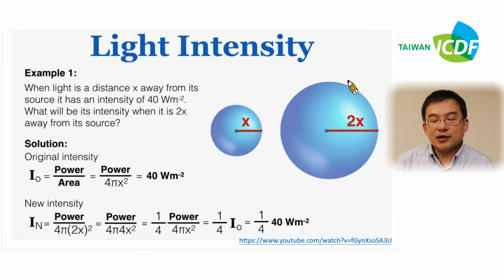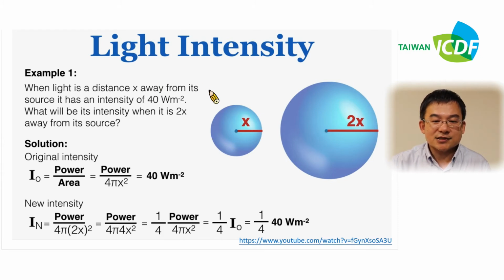So not only the AM value, usually we talk about the light intensity, and we use watts per meter squared. And this transparency will show you the difference between two different distances.